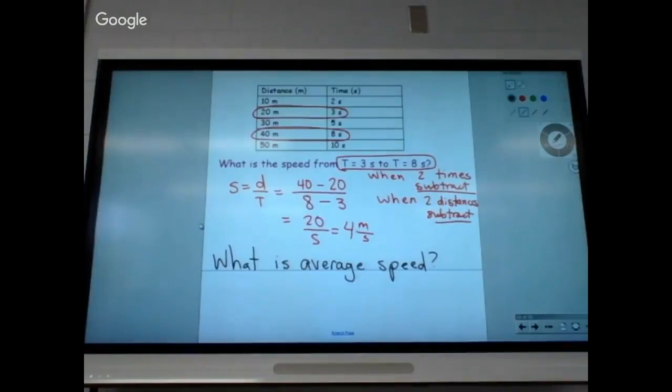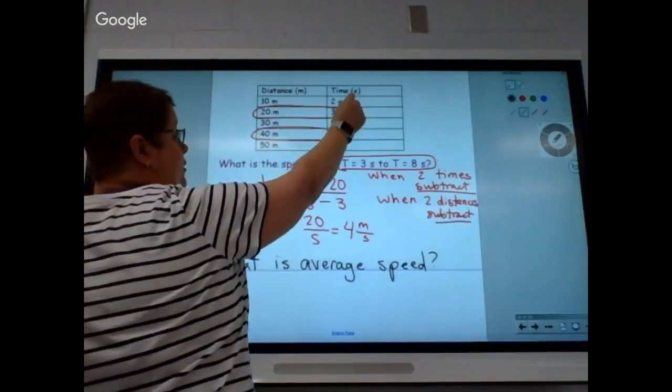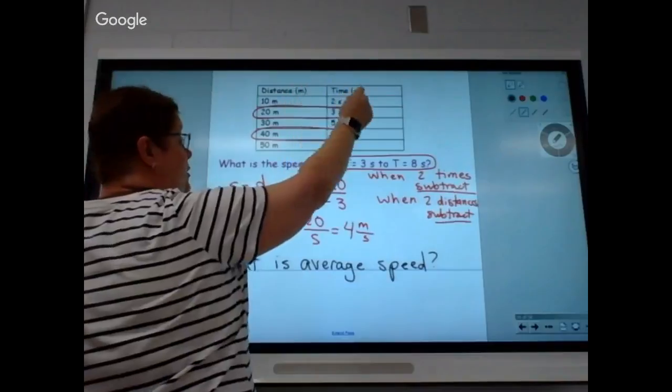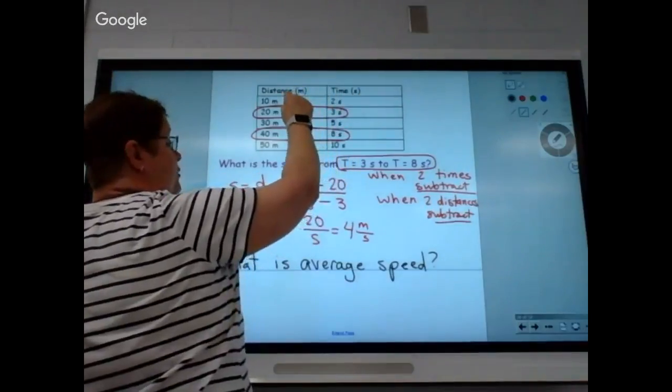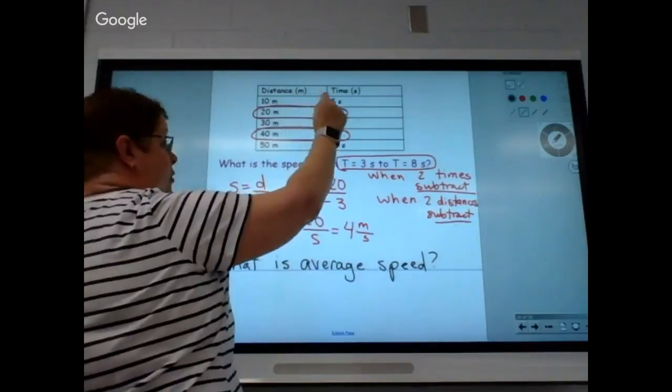This is like split times in track, okay? Let's say Bree's running the mile, and she ran it 4 times around the track, right? So, after 2 seconds, she ran 10 meters. In 3 seconds, she'd gone 20 meters. So she'd gone faster. After 5 seconds, she'd gone 30 meters.